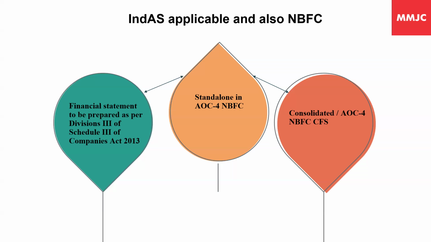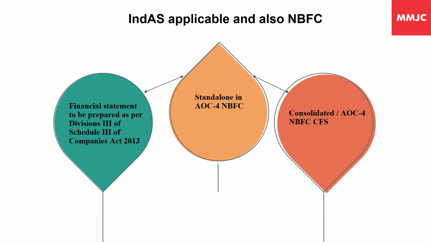So that means, AOC4 and AOC4 NBFC, if consolidation is applicable to such company, then they will have to file a separate AOC4 CFS for filing consolidated statements by entering the SRN of the standalone form.